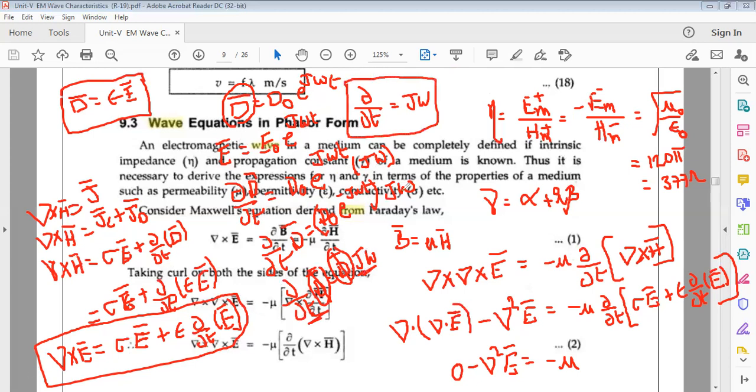We already applied this in the fourth table of the Maxwell's equations: ∂/∂t is equal to jω for harmonically time varying fields.